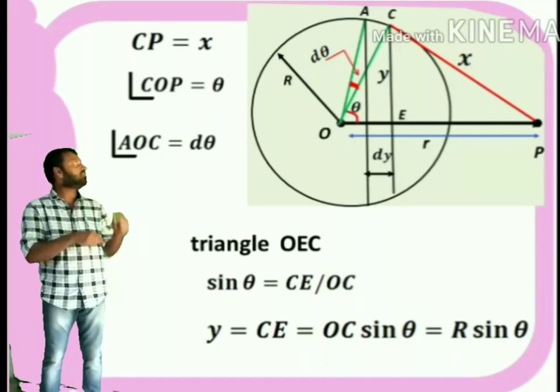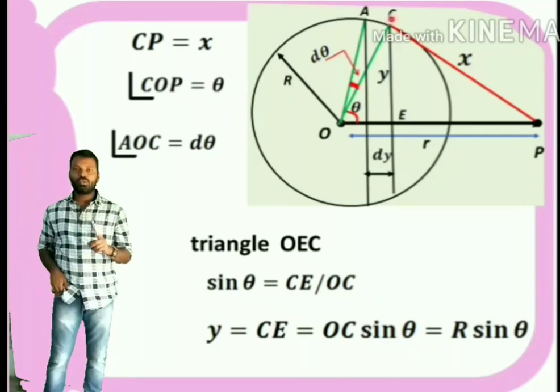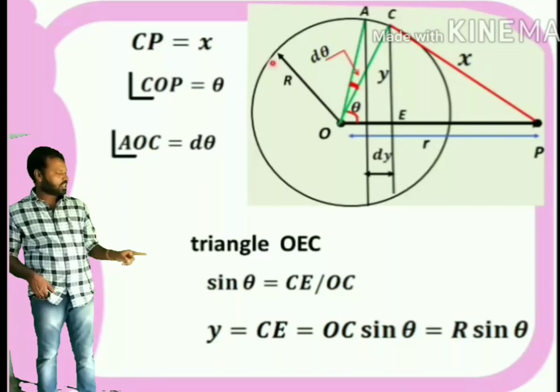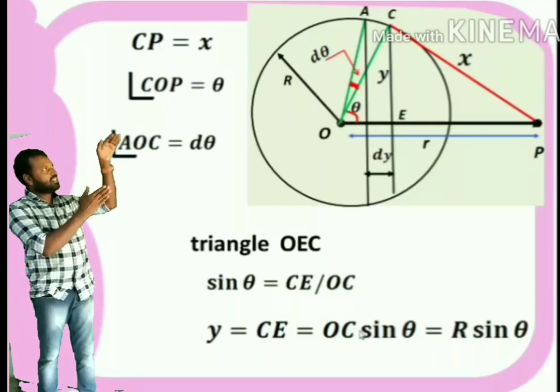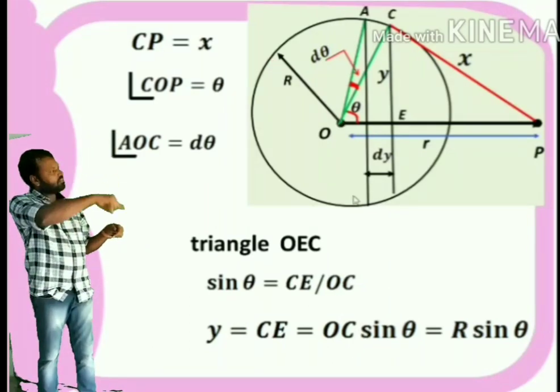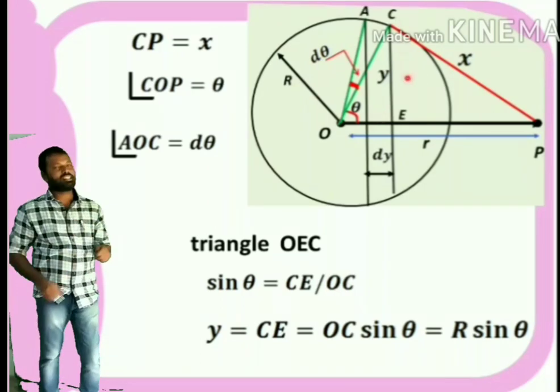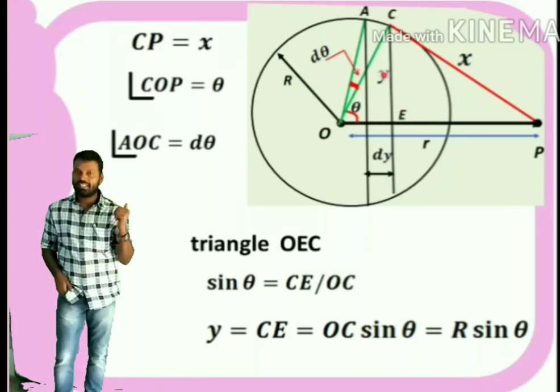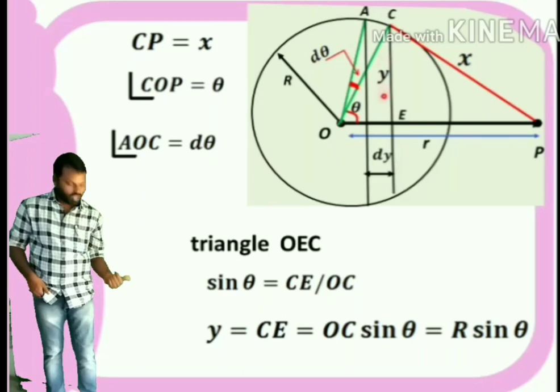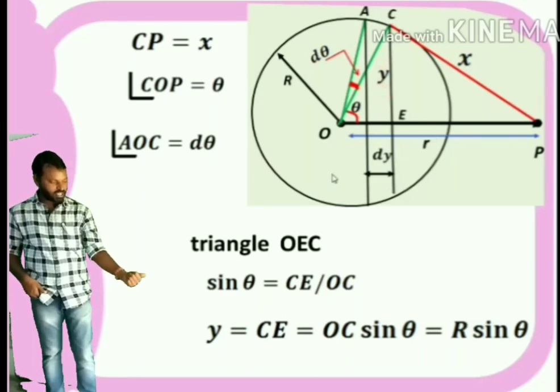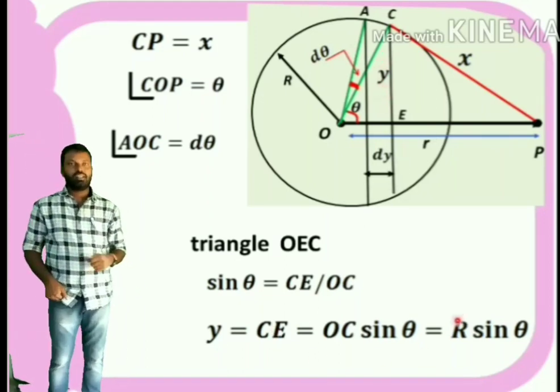Radius of the spherical shell which is given by capital R. So OC is equal to capital R. And what is CE? CE is the radius of the ring which we are considering. The radius of the ring is y. So y is equal to R sin theta.